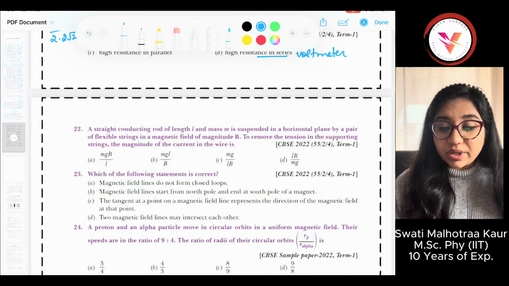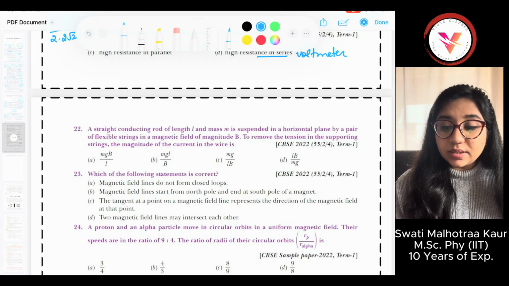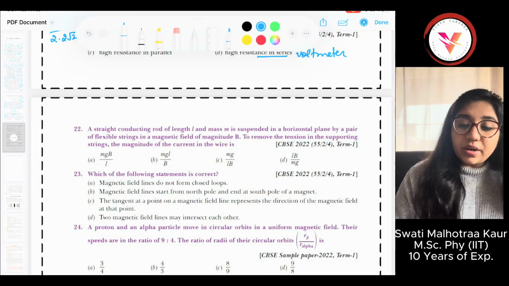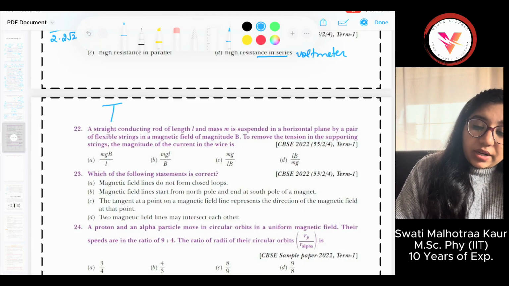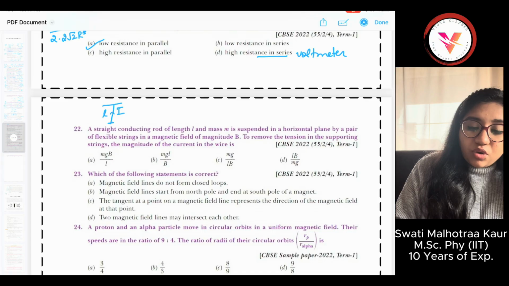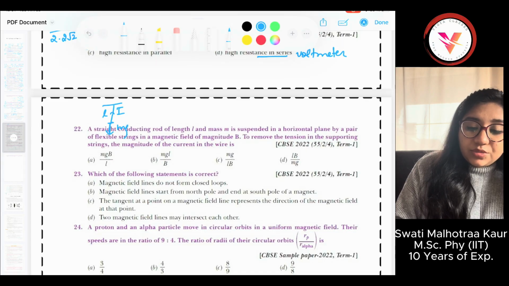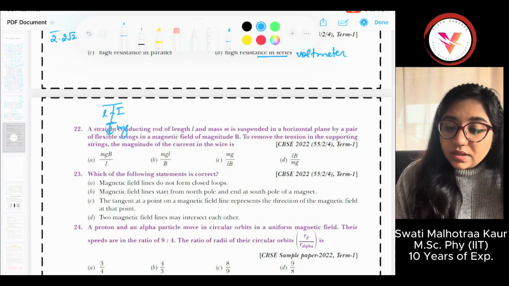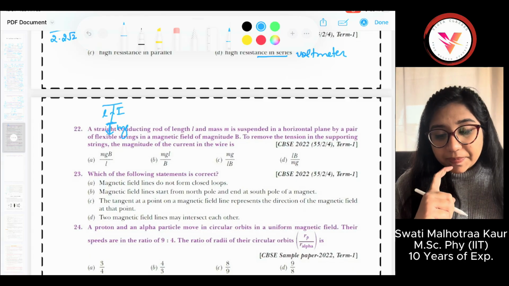A flexible conducting rod of length L, mass M, is suspended in a horizontal plane by a pair of flexible strings in a magnetic field of magnitude B. To remove the tension in the supporting strings, the magnitude of current. Okay, so you have a conducting rod of length L, mass M, carrying some current I, and this mass already has mg downwards, and there is a magnetic field.